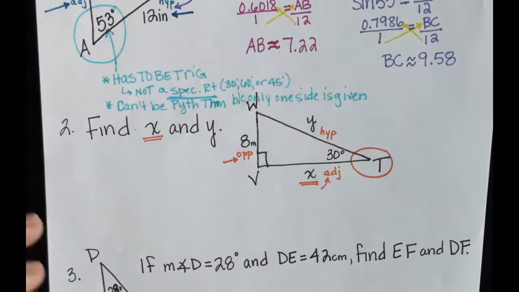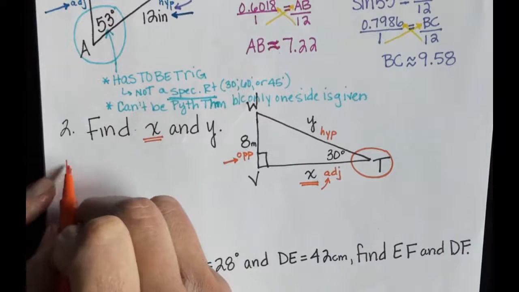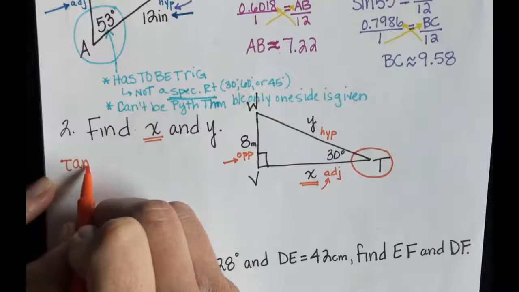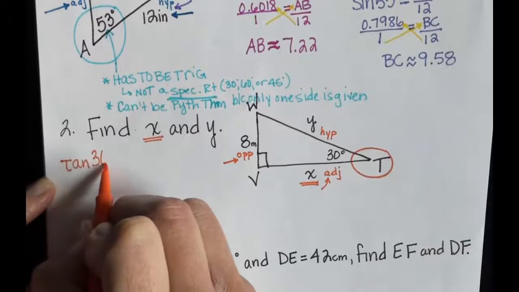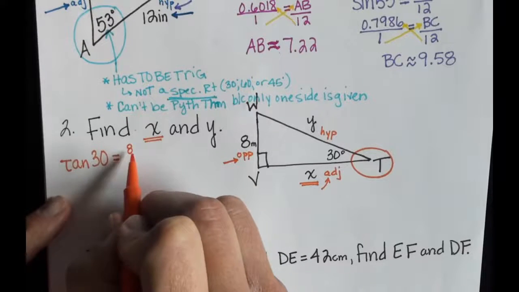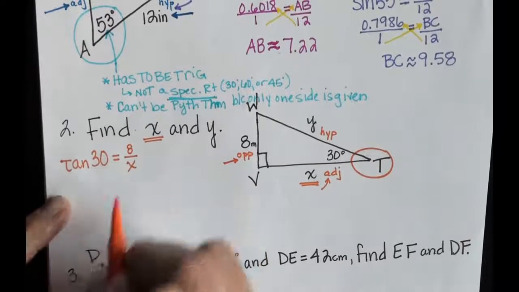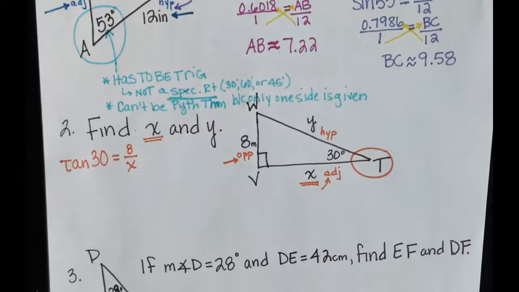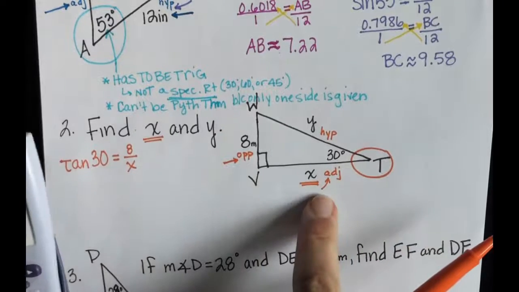Now don't forget, sine's going to actually come into play, ironically, but tangent is the one we want to use for x. So we are going to do tangent 30 equals opposite 8 over adjacent x. So again, that's because we're doing opposite and adjacent.